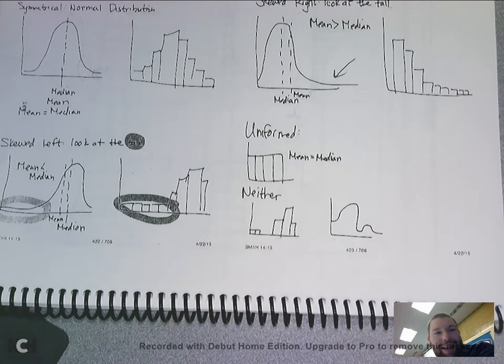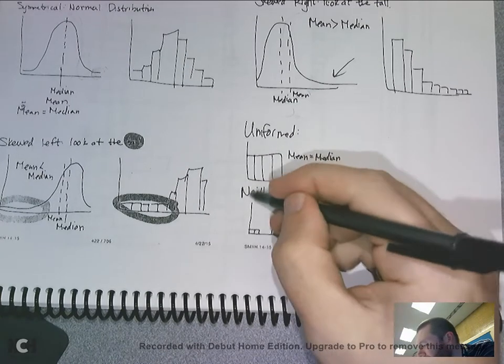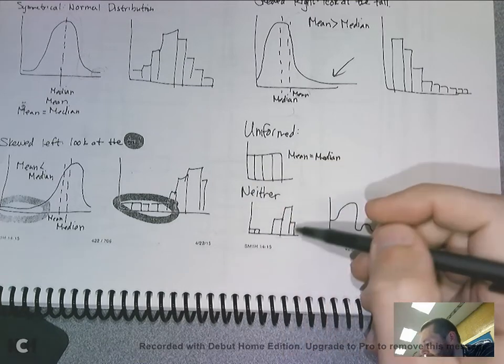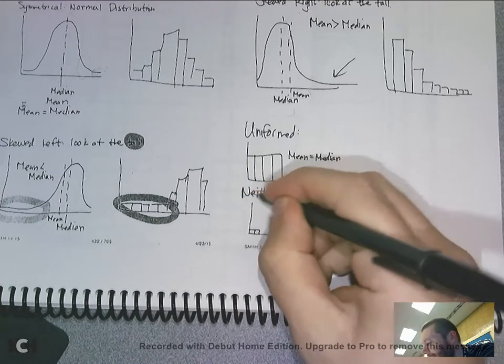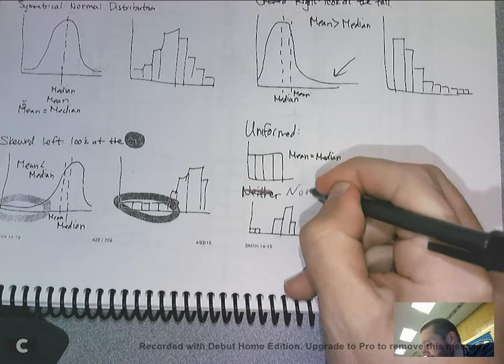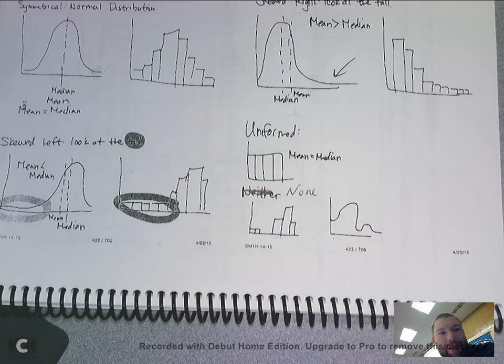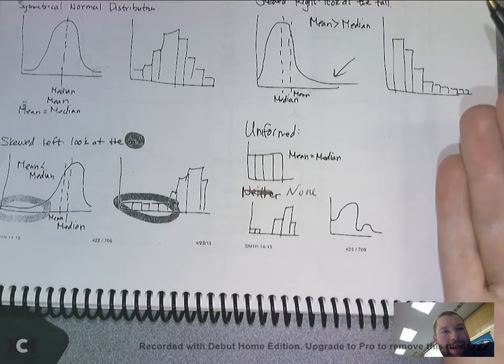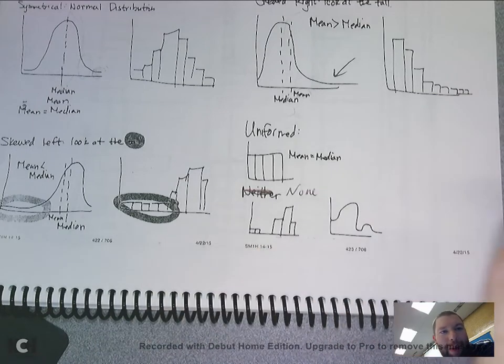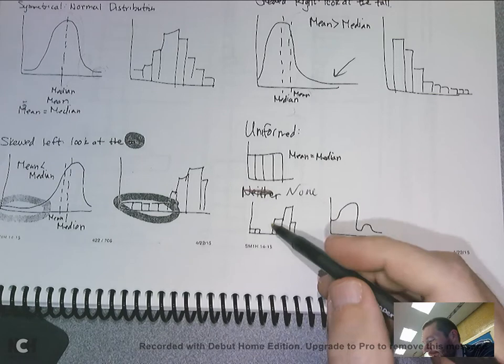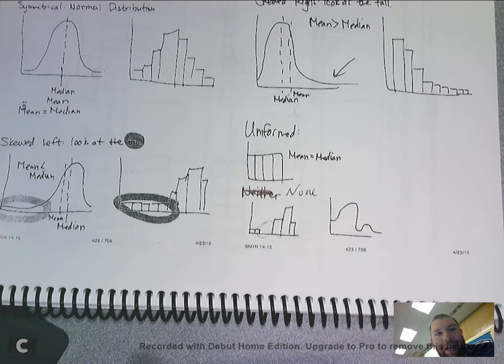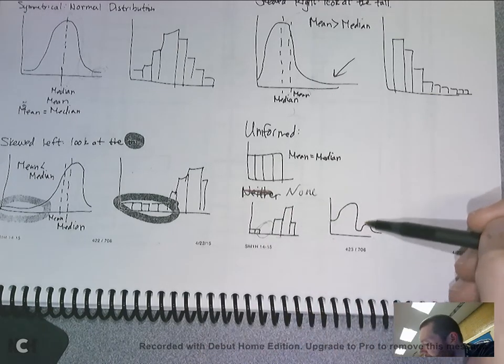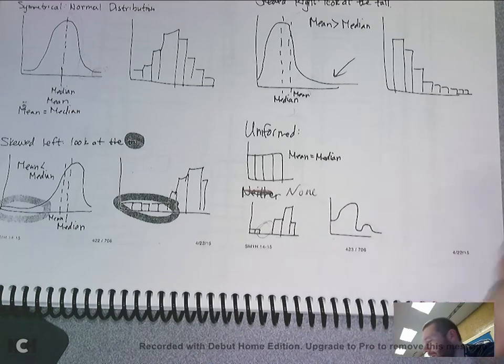And then neither or none, I usually say none, is when it doesn't really make any kind of pattern. There's no pattern to the spread of data. So this is where we have big missing chunks of data, or it goes up and down, whatever.